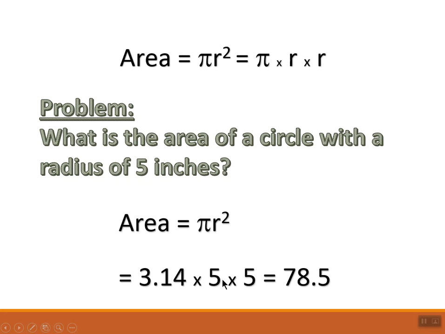This is the radius times the radius, which is r squared. And if you multiply those together, you get 78.5. If we measure r in inches, the units of area are now inches squared because we've squared the radius.